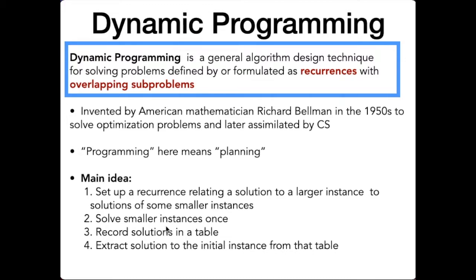We record that solution to a table or to some memory location, and then we extract the solution when needed. Probably it's not very chewable from this perspective, but our main intention in the succeeding slides is to dig deeper into the definitions and concepts mentioned in this slide.